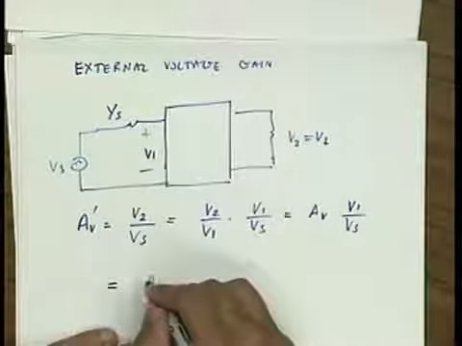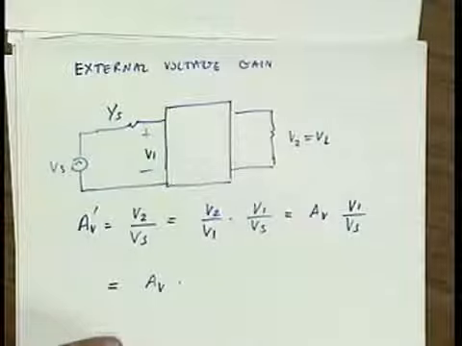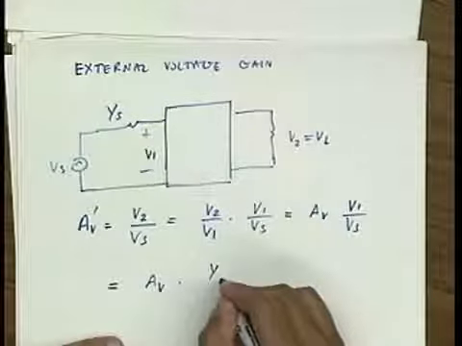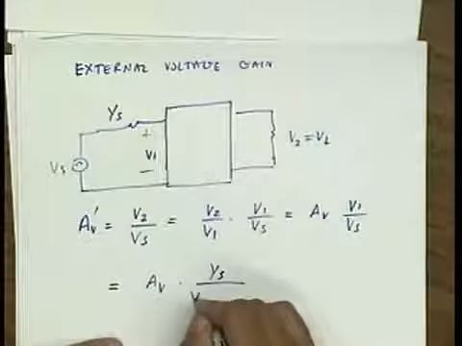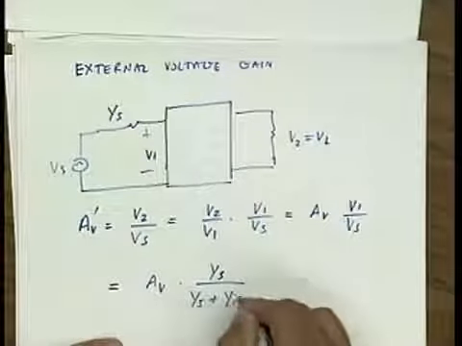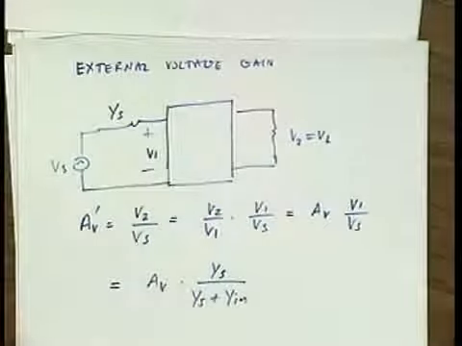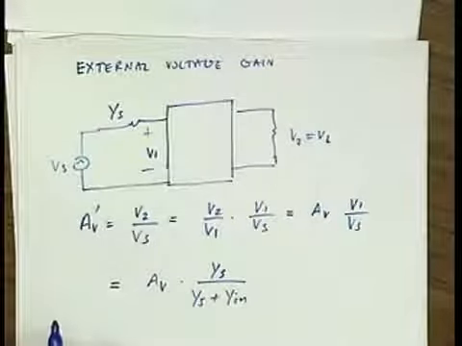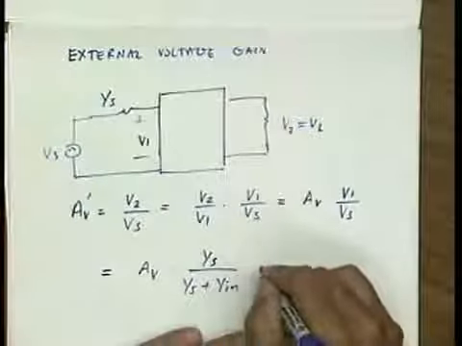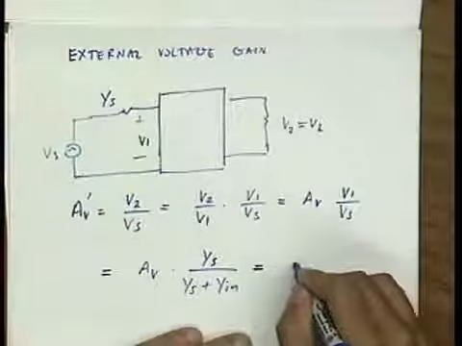So what I have is AV times the voltage divider Zin divided by Zin plus Zs, which is Ys over Ys plus Yin. And remember, I've calculated Yin before, so I can substitute for that. But before I do that, let me just substitute for AV.